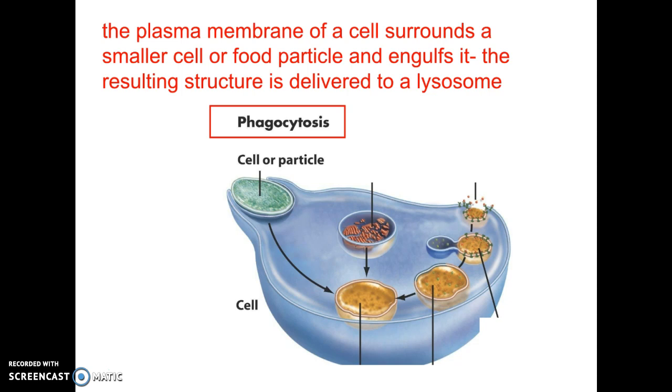So in phagocytosis, we actually have an actin skeleton rearrangement that extends pseudopods around whatever you're trying to phagocytize. So very often there are cells that specialize in this. Cells such as macrophages, one of the white blood cells that protects you from invading bacteria, or a dendritic cell.